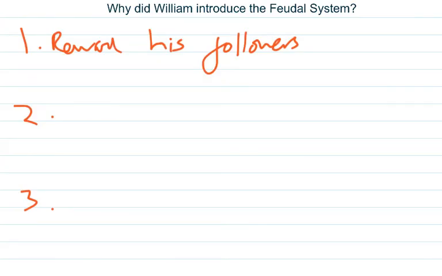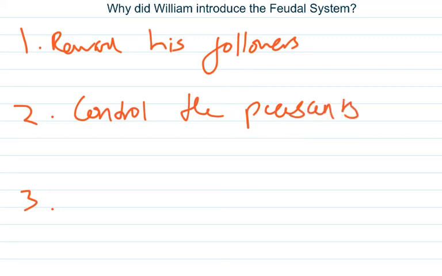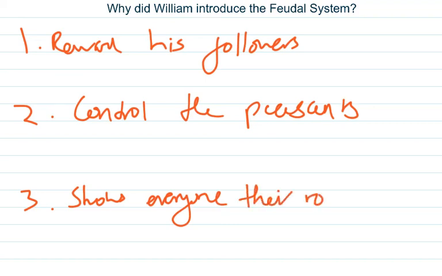Secondly, it allows him to control the peasants. The peasants are now controlled, they have land to live on, and they are under the control of the knights who owe their loyalty to the barons who owe their loyalty to William. Finally, it shows everyone their role in society.